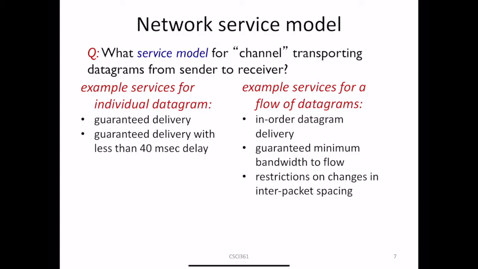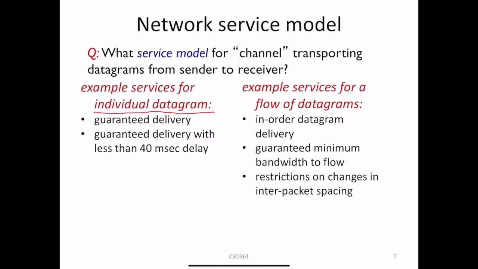First, let's see their expectation for the individual datagrams. They expect the network layer can provide guaranteed delivery. So that means each single datagram can be received by the destination.